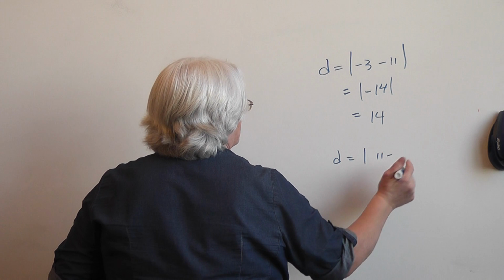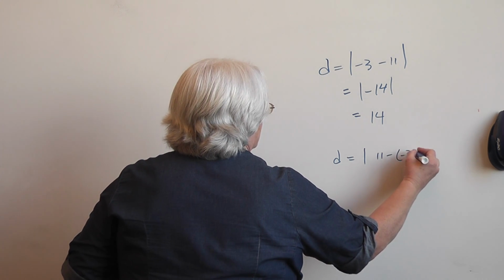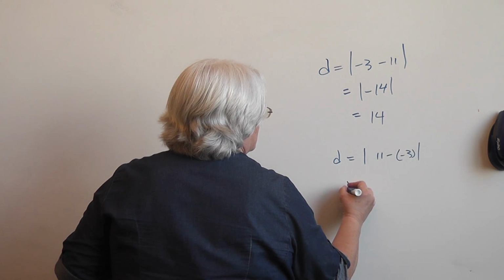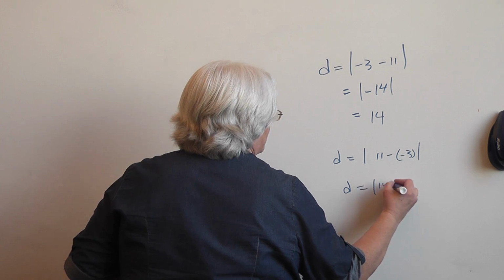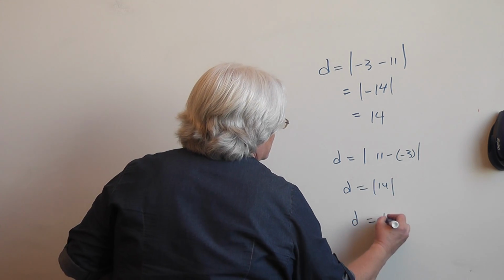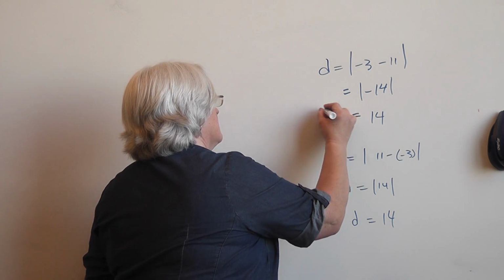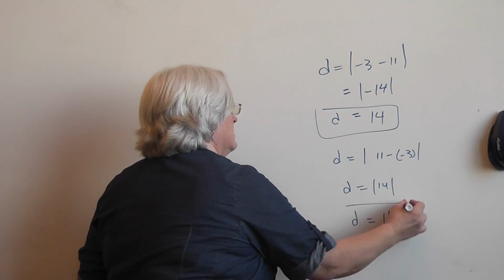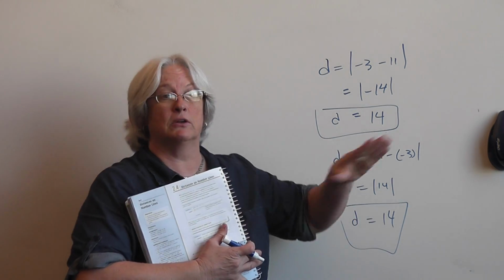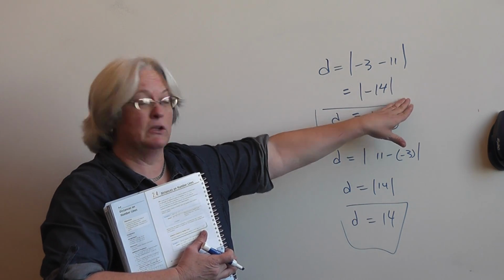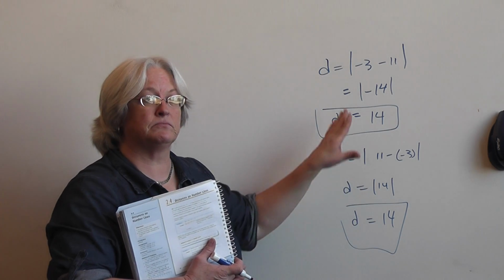Positive 11 minus a negative 3, distance is the absolute value of 14, and of course, both times you get the same solution, because absolute value is always positive.